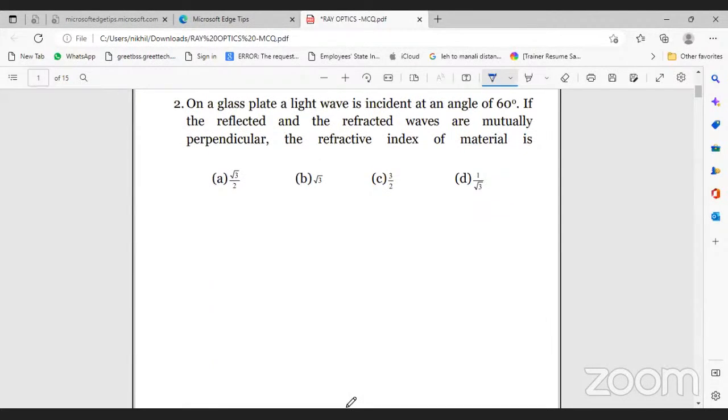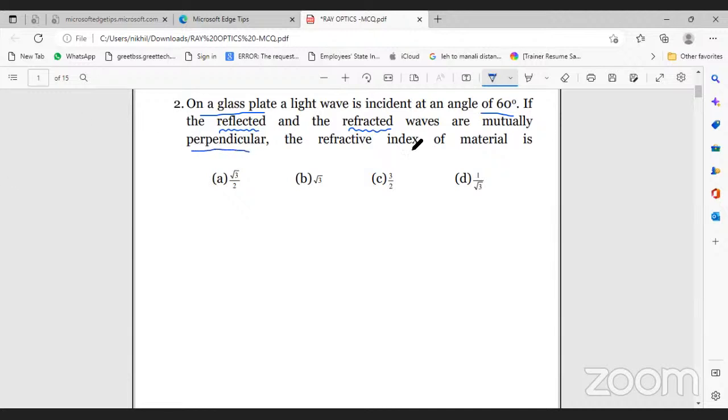Okay, look at this second problem. There is a glass plate. The light is incident at what angle? 60 degrees. Reflected and refracted rays are mutually perpendicular.